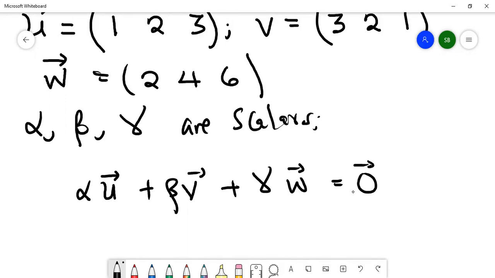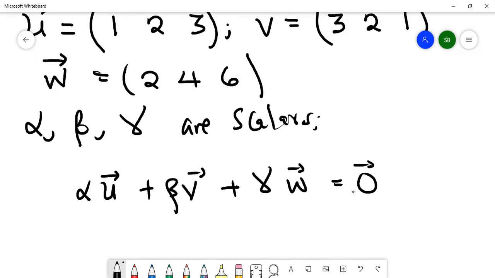If each of alpha, beta, gamma is 0, then we are sure that U, V, W are linearly independent. But if at least one of alpha, beta, gamma cannot be 0, then we are sure that the vectors are linearly dependent.